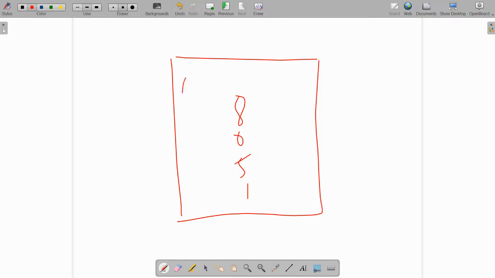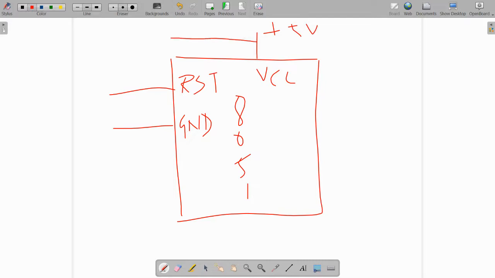See here, your RST pin, your ground pin, and your VCC pin. तो VCC आपने +5 वोल्ट को लगा दिया, and then there is one more externally connected capacitor of 10 microfarad.